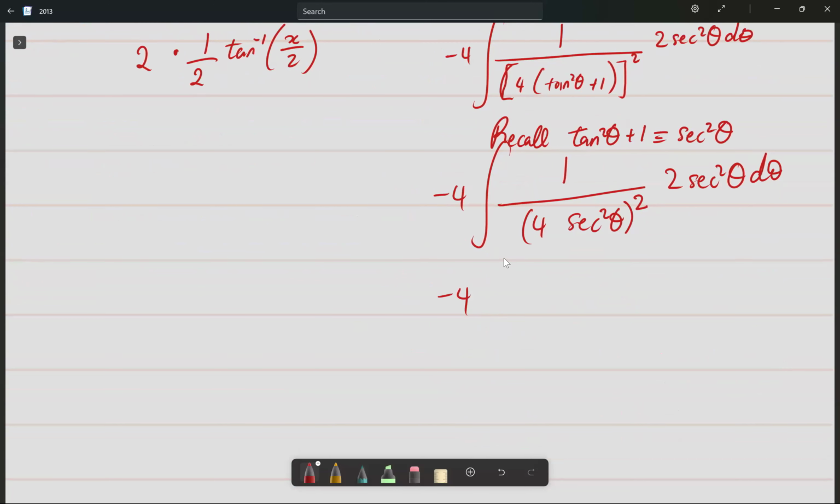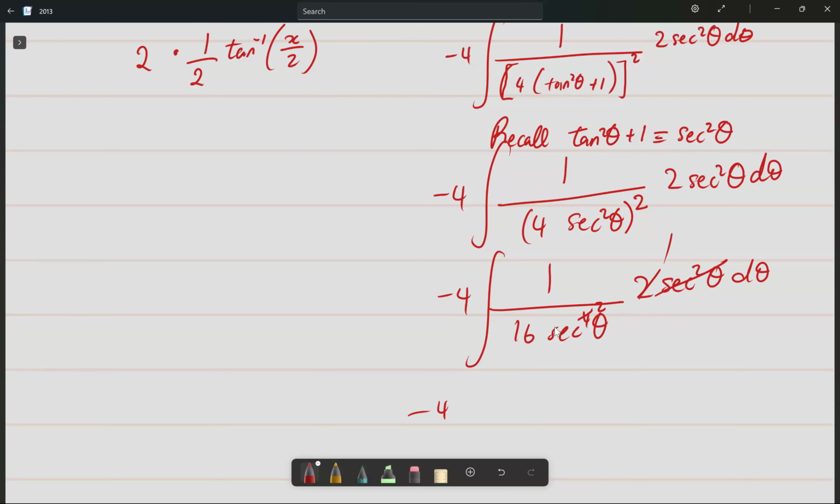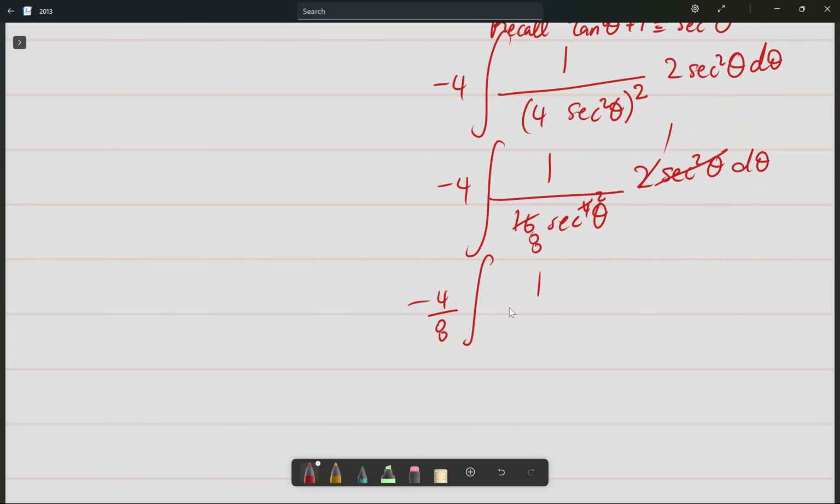We have 4, the integral of 1 upon 16 secant to the 4th power theta, 2 secant squared theta d theta. So then that's 4. This square cancels to make this a square. This 2, 1, 8. Bring the 8 outside. That's the integral of 1 over secant squared theta d theta. This is a half.